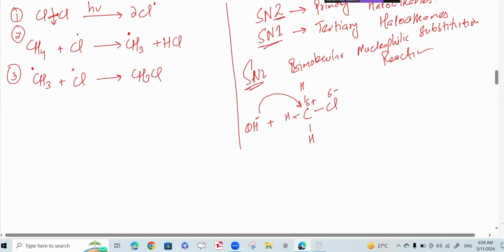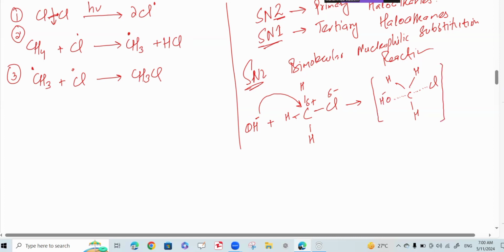As this OH attacks and tries to make a bond with this carbon, it cannot make five bonds, so there will be a transition state, with hydrogen, hydrogen, hydrogen. In that transition state, the bond formation and bond breaking are at equal extent.